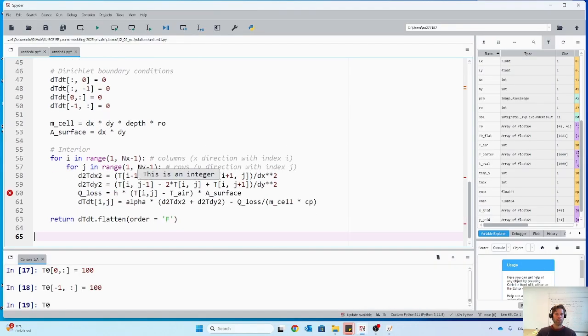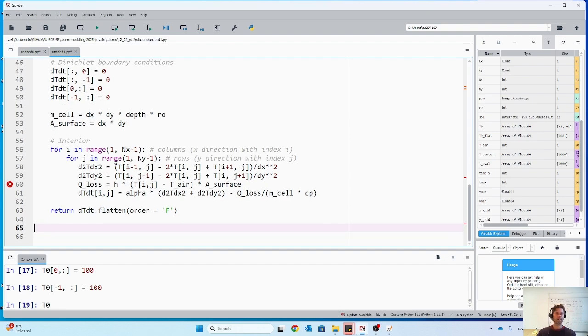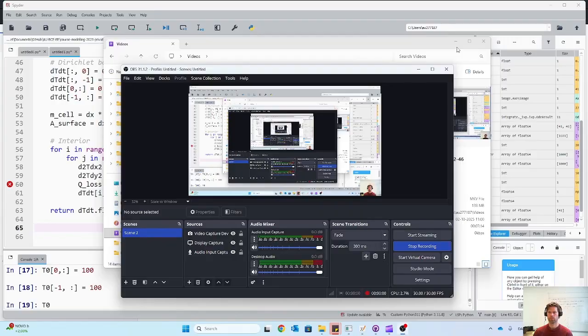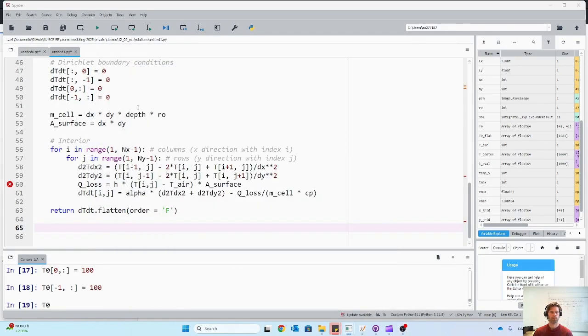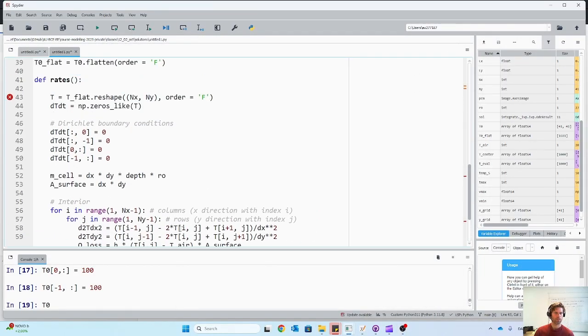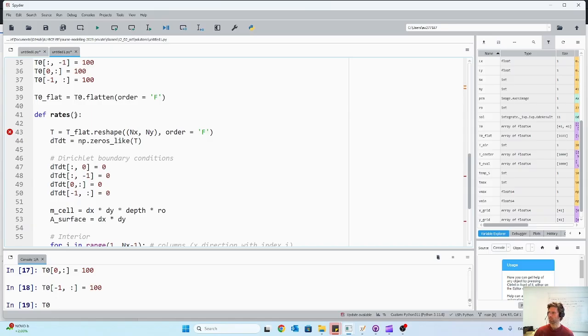We are now done with the rates function, except that we need all the arguments inside it. So let's go up and type all the arguments in.